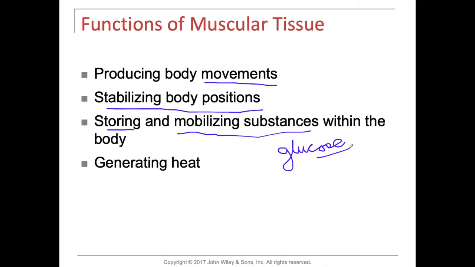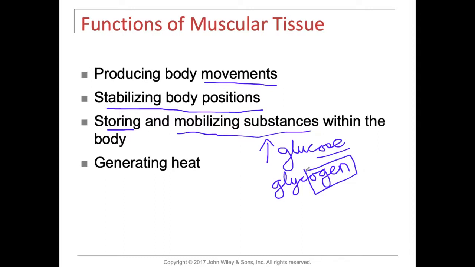It's toxic to the brain, to the neurons, to your eyes, to your blood vessels. So if there's too much glucose, your body will put it in storage. The storage form of glucose is something called glycogen, and anything that ends in "ogen" is inactive.